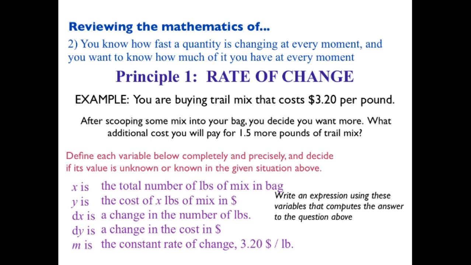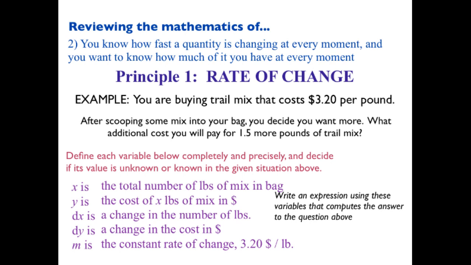So I want you to form a formula that represents what you did to answer that question using two or more of the symbols. Is the task clear? You're creating a formula that would represent the calculation you did to answer that question: what's the additional cost you would pay for 1.5 more pounds?